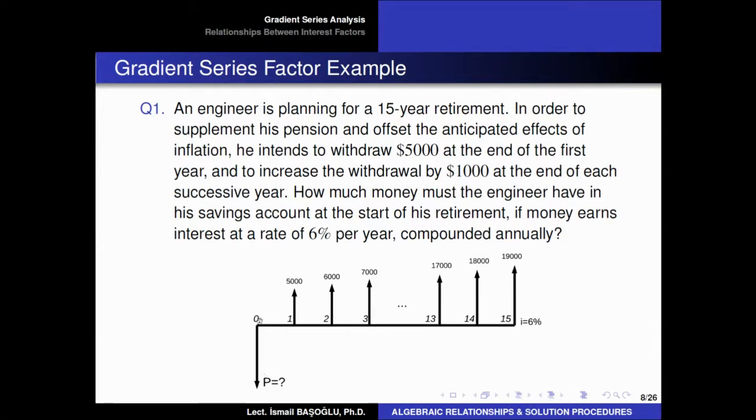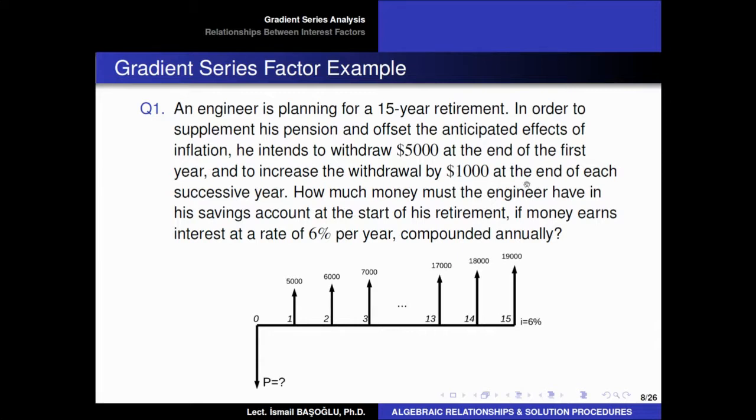So right now it is year 0, and the engineer is planning for a 15-year retirement, which means for the following 15 years, he would like to withdraw some money from a savings account as a retirement salary.